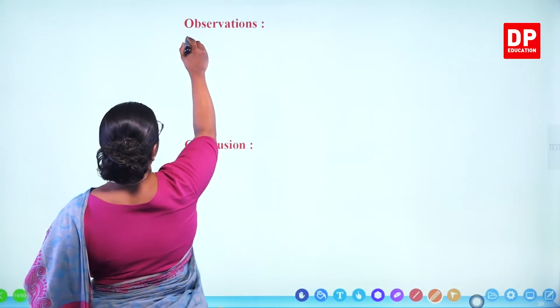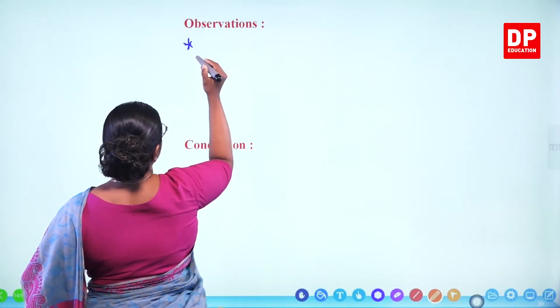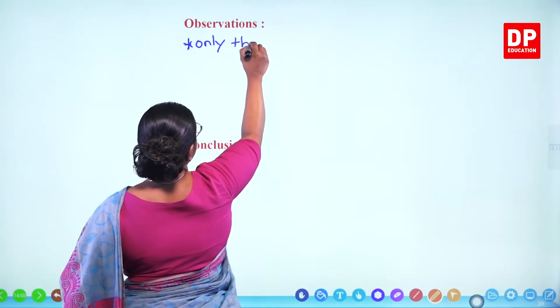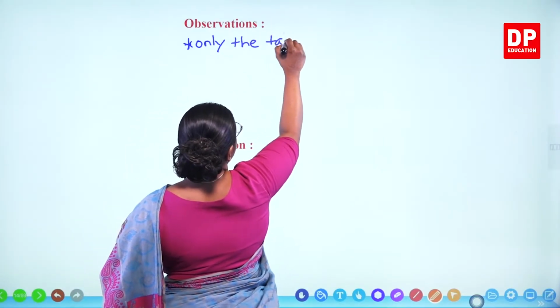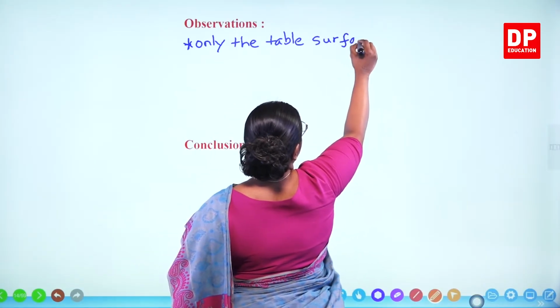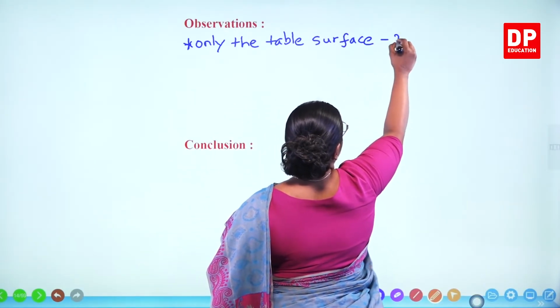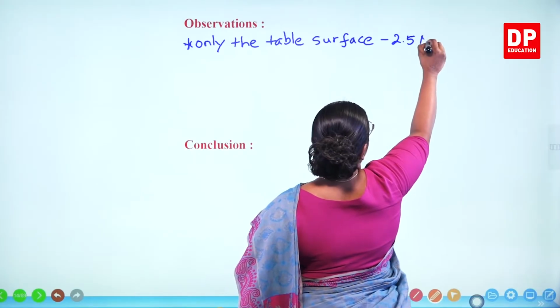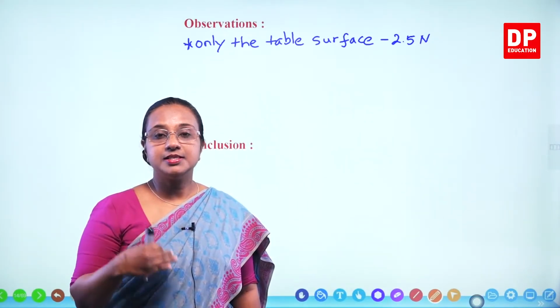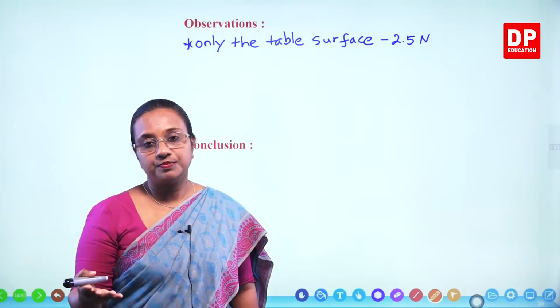So I will write down the first observation. Only the table surface, we needed 2.5 Newton when the block just started to move.